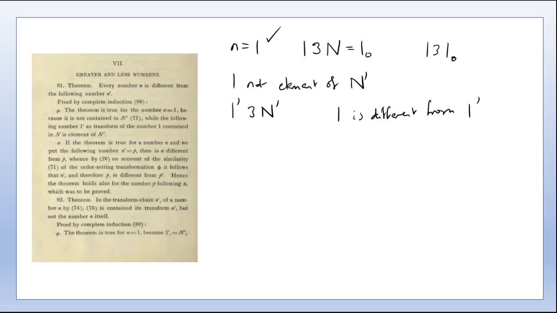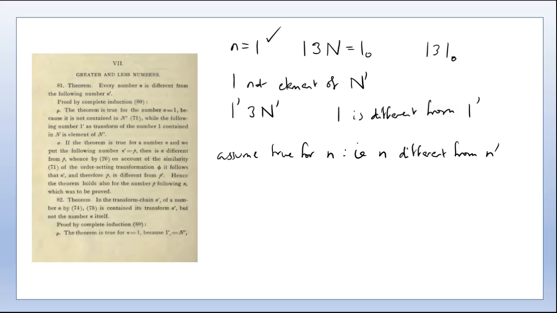So now we assume that the theorem is true for a particular number n. So assume true for number n, i.e. that n is different from n primed.